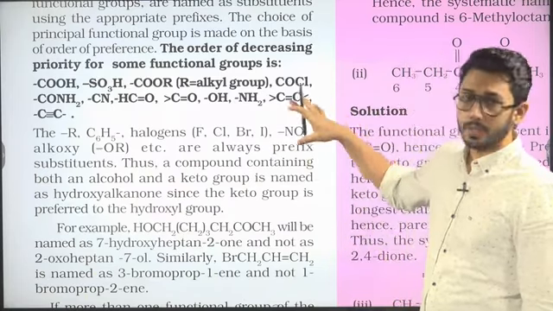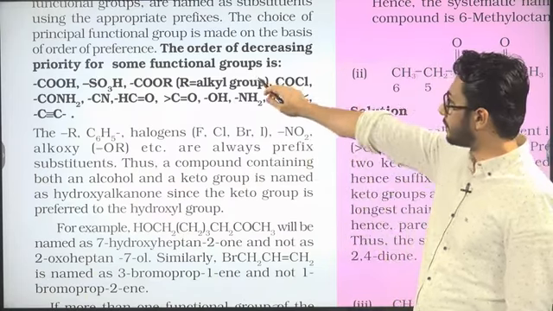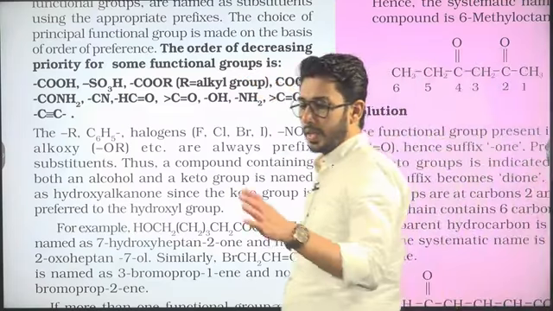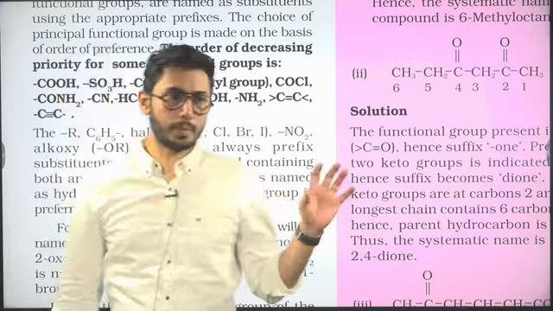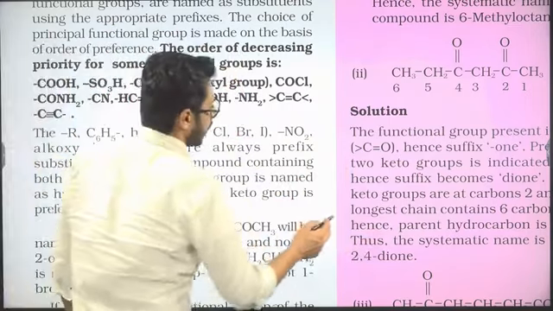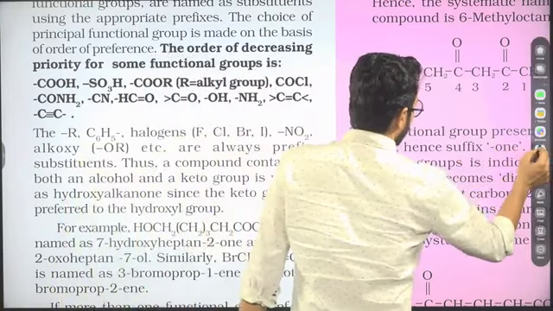So in the suffixes, secondary suffix, it is the decreasing order of the priority of some functional groups. It is given by IUPAC as per the IUPAC convention, which is number 1 here. It is carboxylic acid.